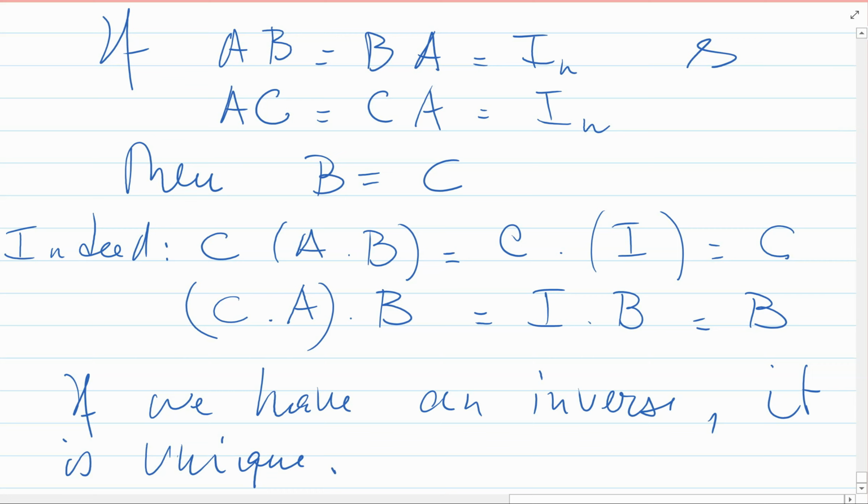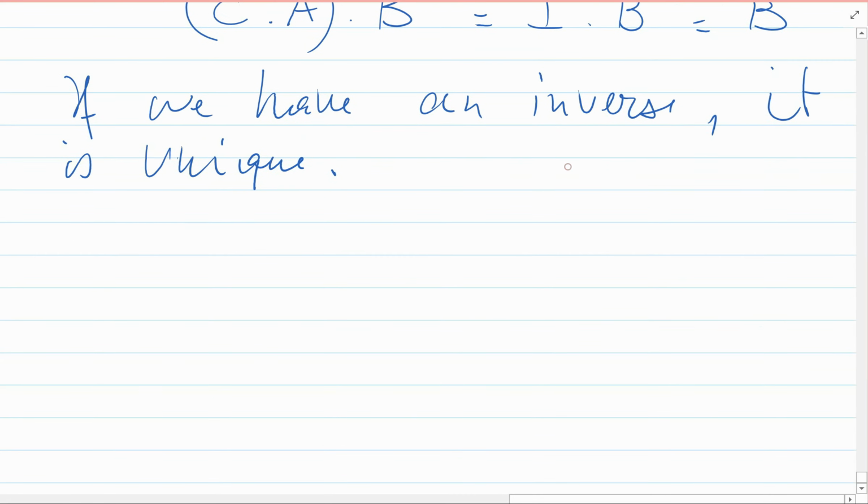Okay, now why do I say if we have an inverse? So first of all, let us look at the general common sense. Since we inspired ourselves from the real numbers, we would like to have something similar, meaning what?